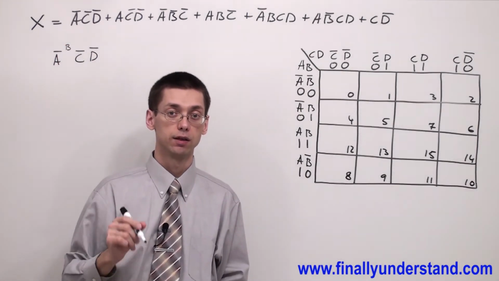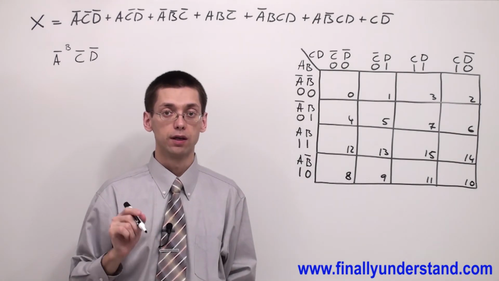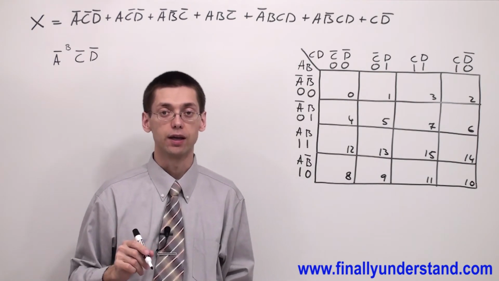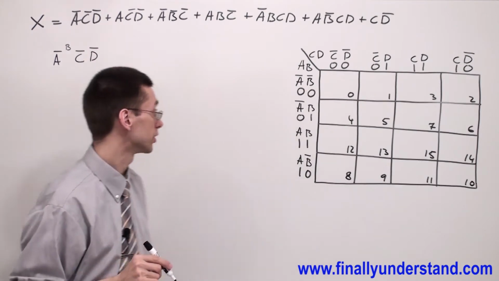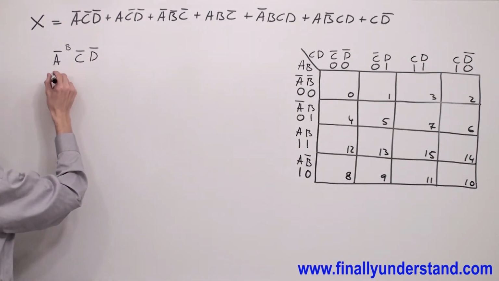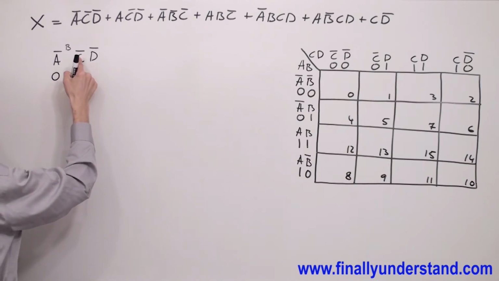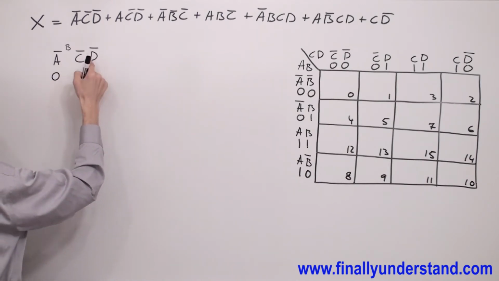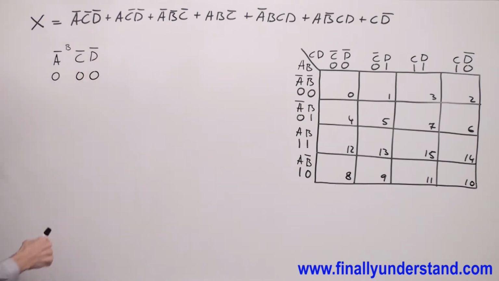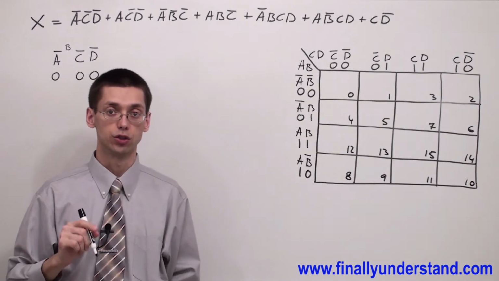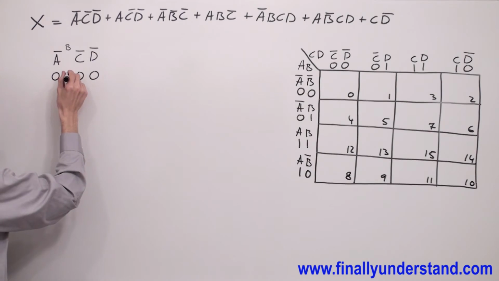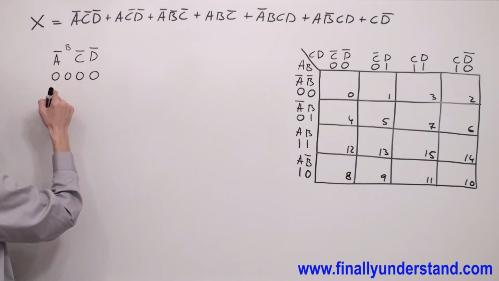Keep in mind that for SOP, the variable without the negation bar represents 1 and the variable with the negation bar represents 0. So I'm going to say A naught is 0, C naught is also 0, and D naught is also 0. Variable B can be 0 or 1. That's why first I'm going to assume that B is 0.